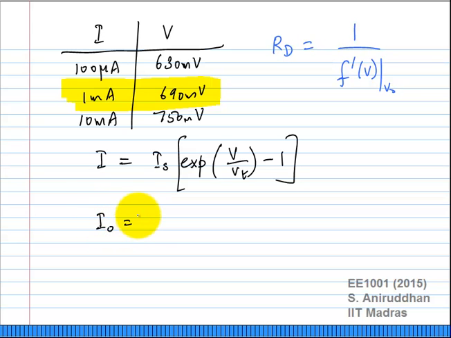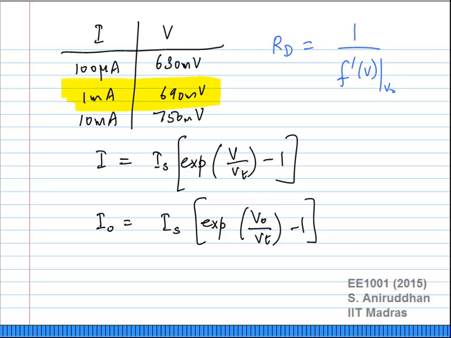I naught is exponential V naught by Vt minus 1. This is the operating point of the diode. This equation has to be satisfied, right? V naught comma I naught is the operating point of the diode. This equation has to be satisfied. I hope all of you see that. Does everybody see this? Okay.